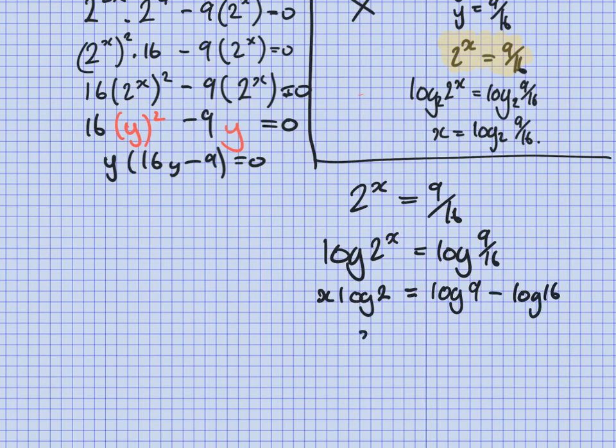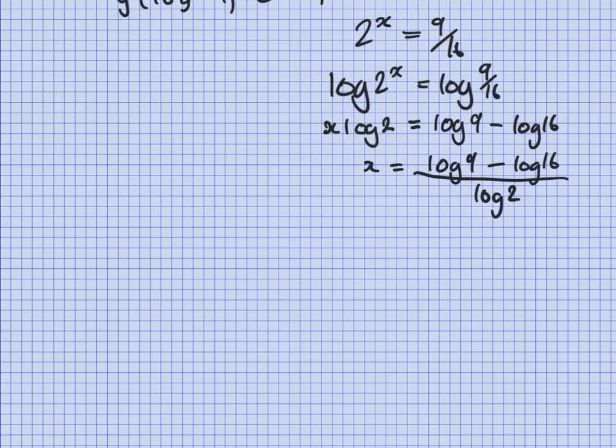Divide both sides by log 2, we get x equals log of 9 minus log of 16, all divided by log 2, which I can rewrite as x equals log 9 over log 2 minus log 16 over log 2.